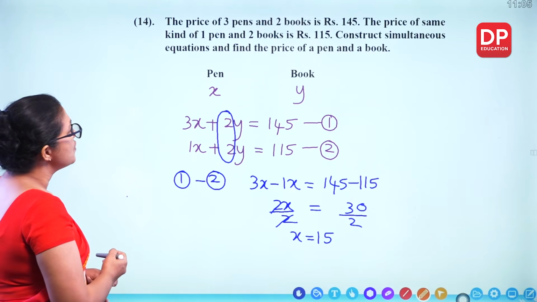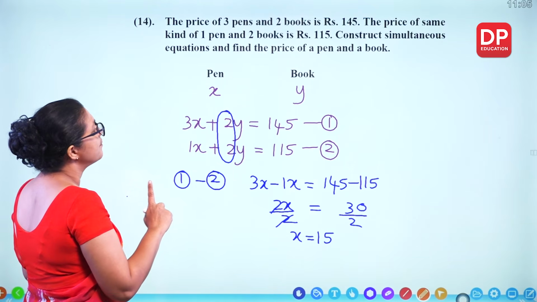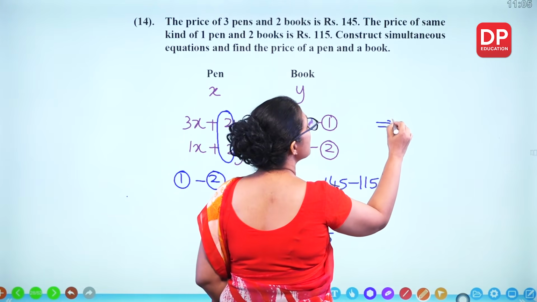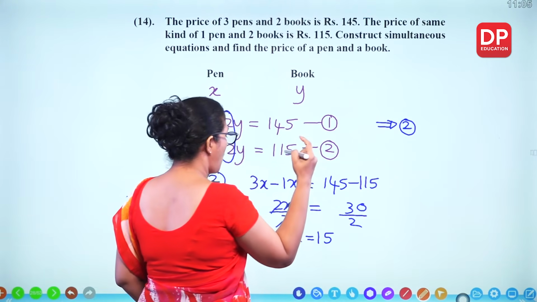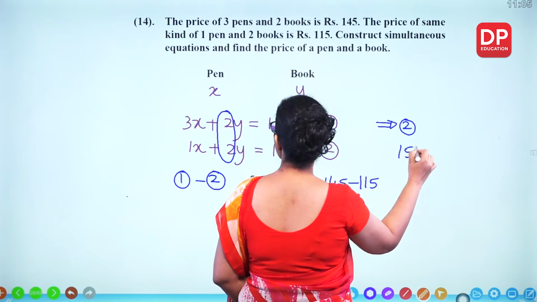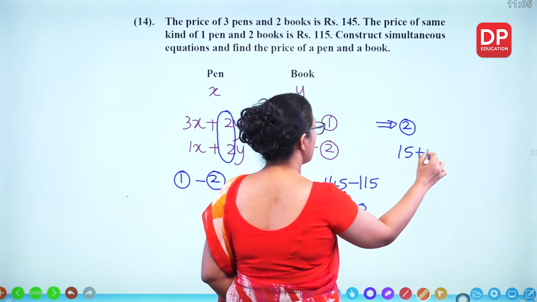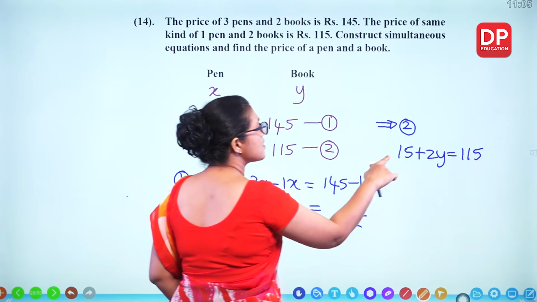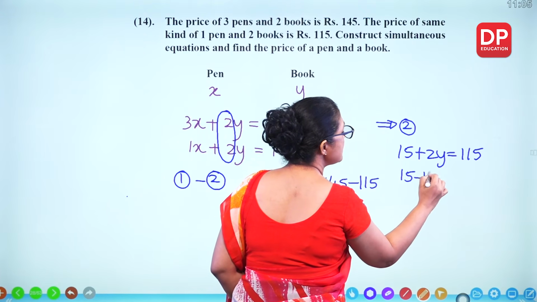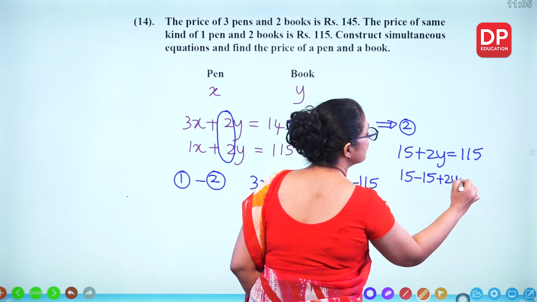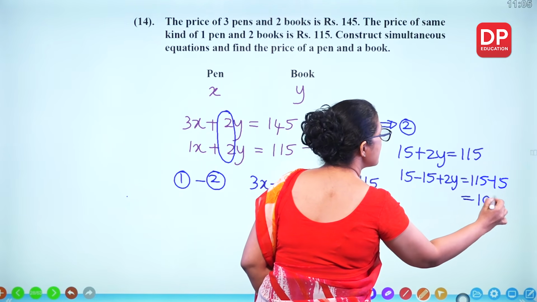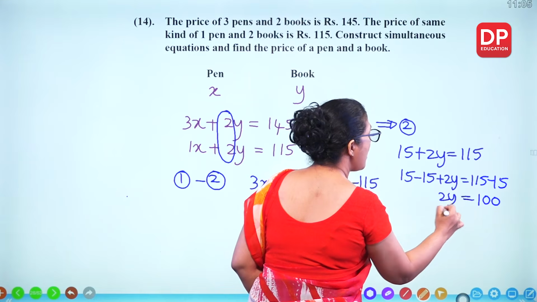So x is 15. How do you find y? Take the second equation now. We'll take the second one and substitute. 1x, that means 15 plus 2y equals 115. Subtract 15 from both sides. 100 equals 2y.